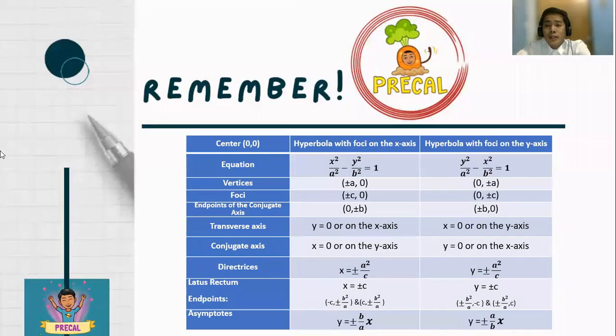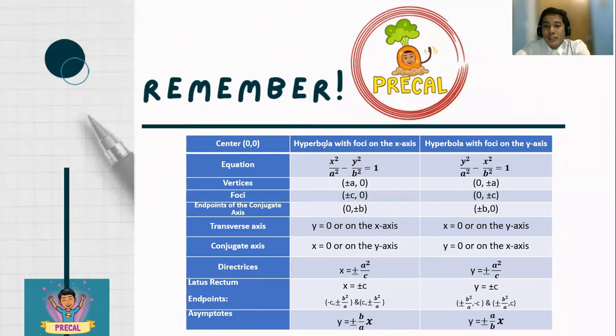And one of the most important parts of the hyperbola, although it is not really part of the hyperbola, but it's close to the hyperbola, it gets closer and closer to it, are the equations of the asymptotes.